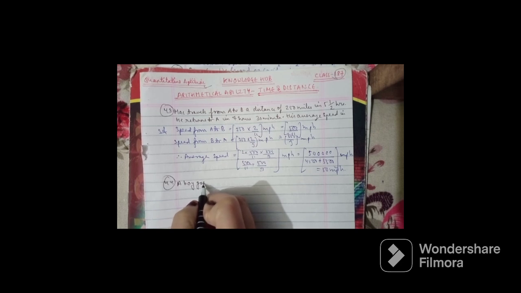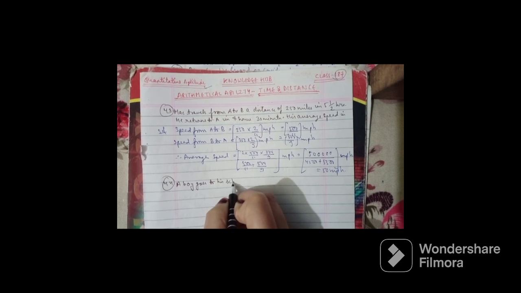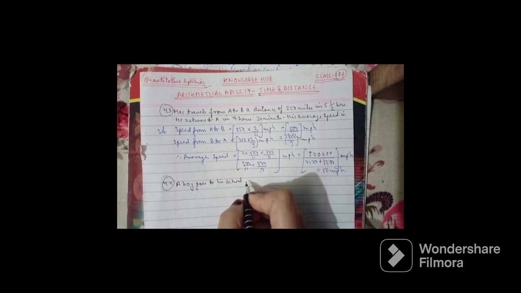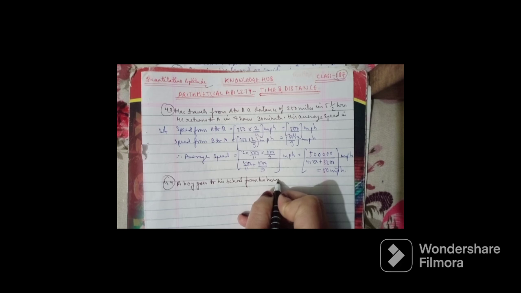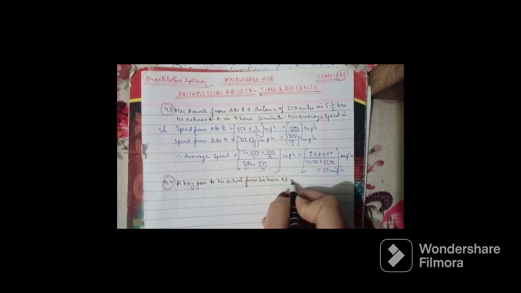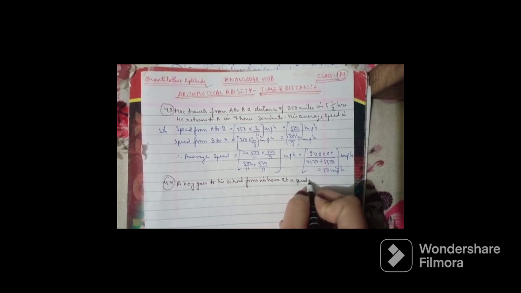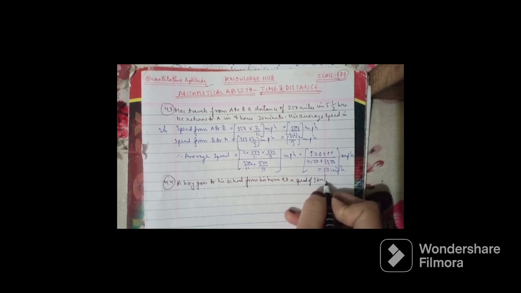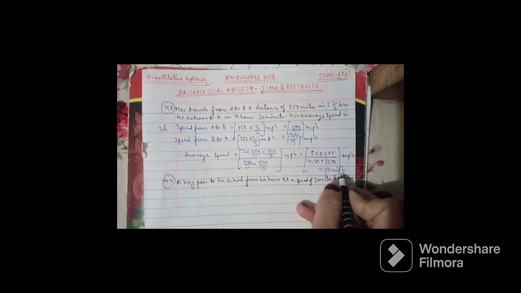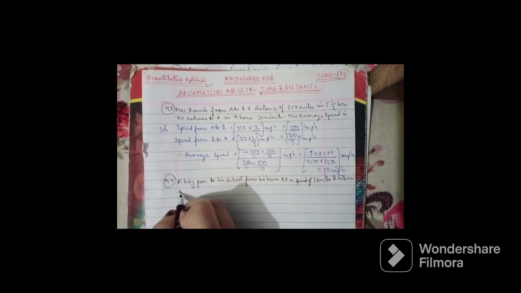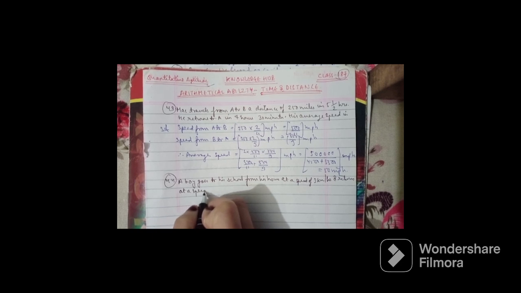A boy goes to his school from his house at a speed of 3 kilometers per hour and returns at a speed of 2 kilometers per hour.